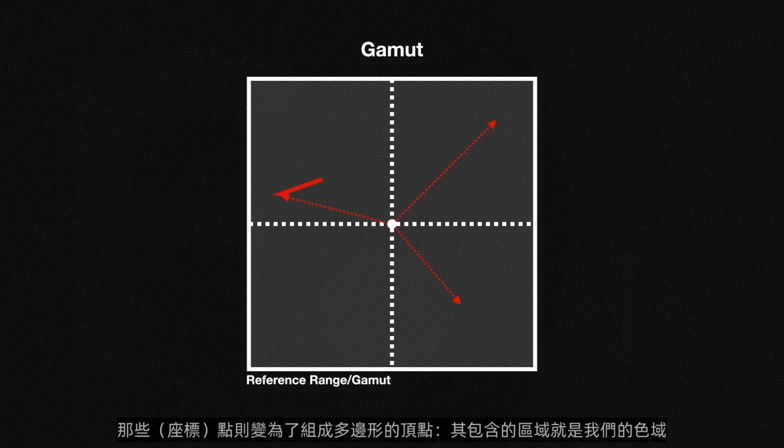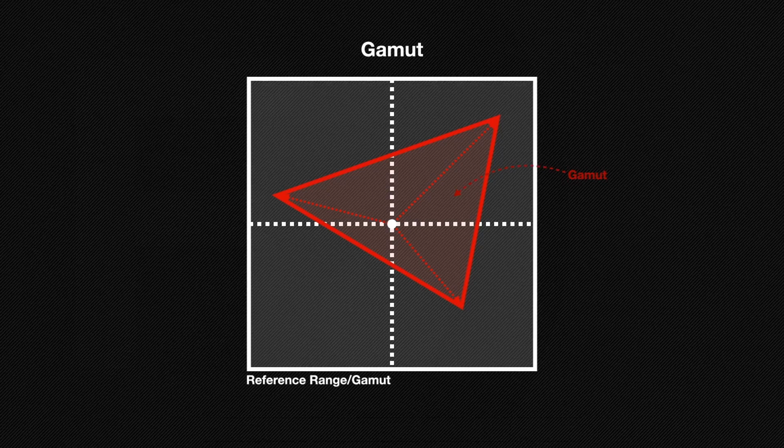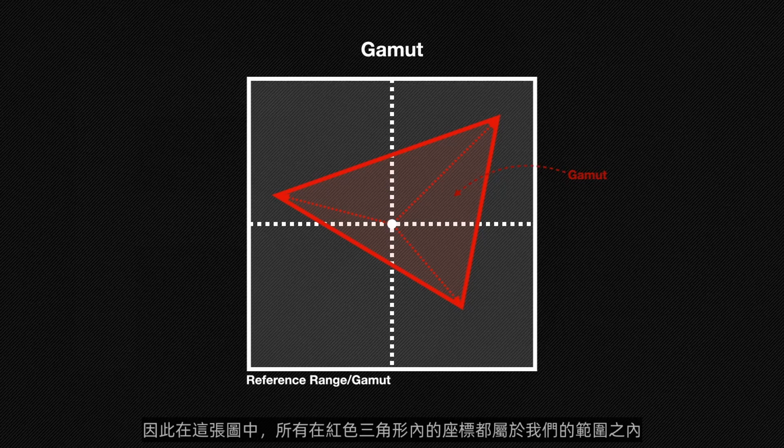Those points will establish the vertices of a polygon. Its area is our gamut. In this case, the polygon has 3 vertices, a triangle. So all coordinates of this diagram that are inside the red triangle belong to our gamut.